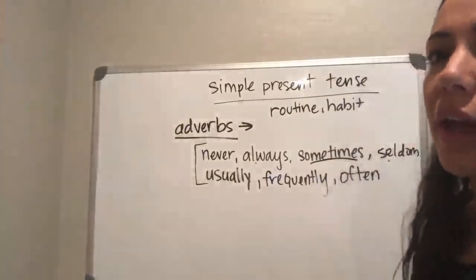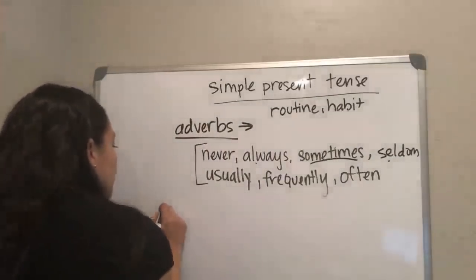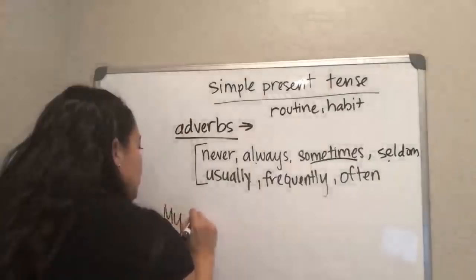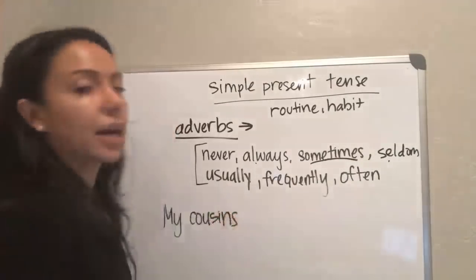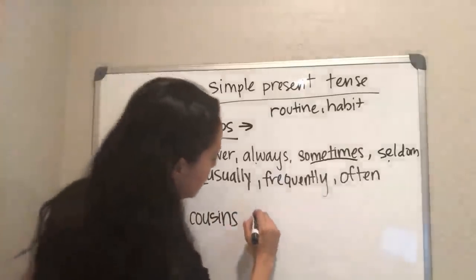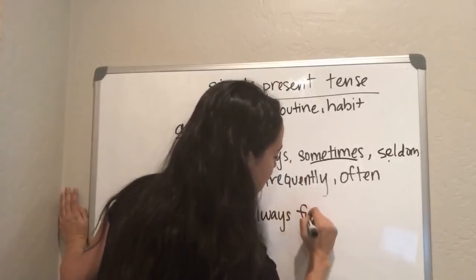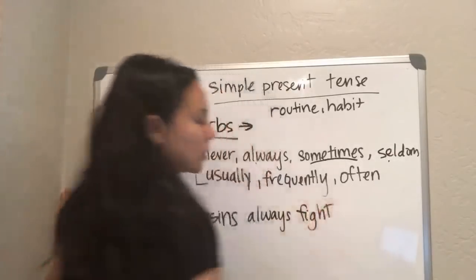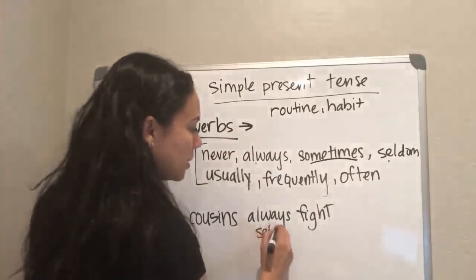Different things. And let's do like, how about if we do a plural? My cousins, plural. So my cousins always fight. My cousins always fight. My cousins seldom fight.